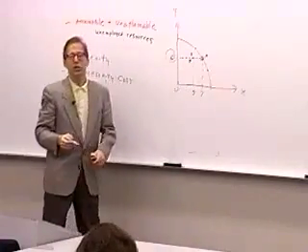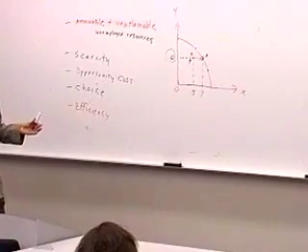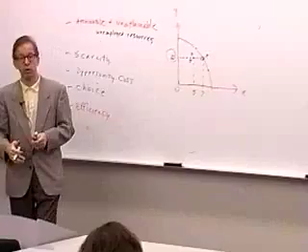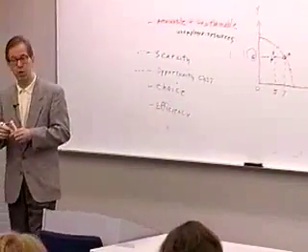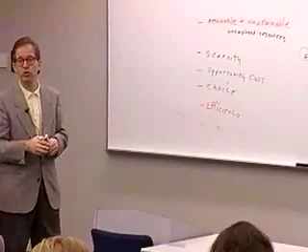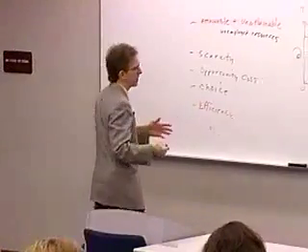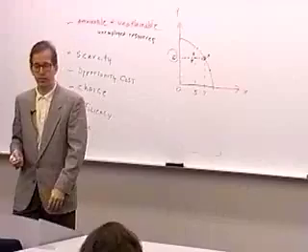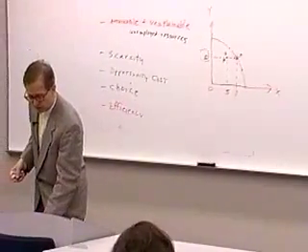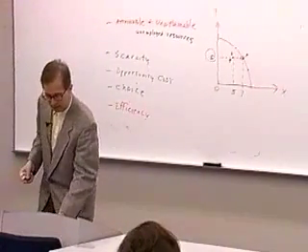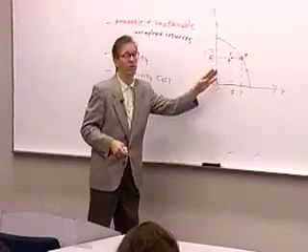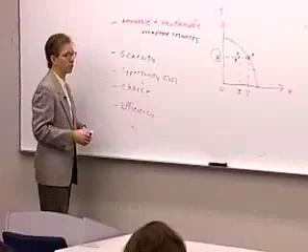And so if we can have more of good X without giving up any of good Y, that means that we were not producing as much as was possible with the resources that we have. And if we're not producing as much as possible with the resources we have, we're using our resources inefficiently. We can simply get more out of our economy than we are getting out of it at point B. So point B is a point of inefficiency, and point A is a point of efficiency.